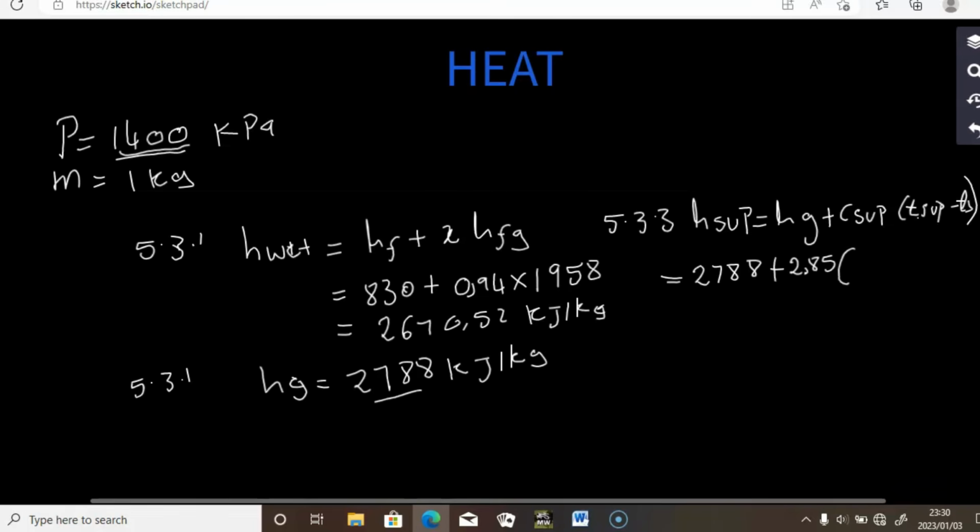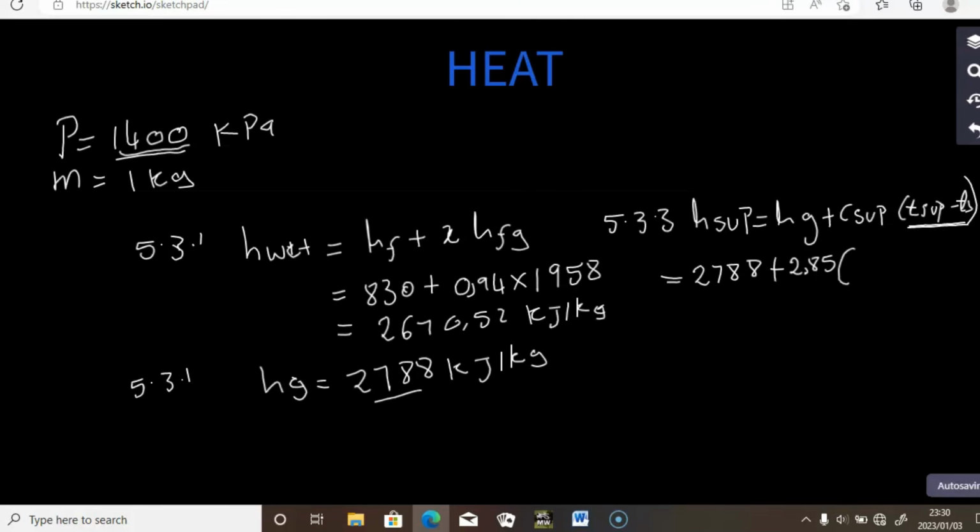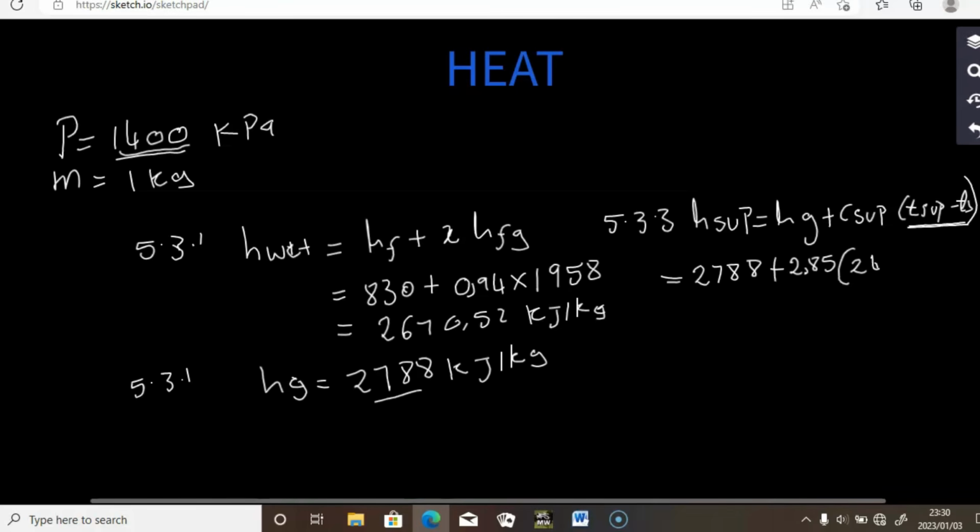So we do not need to know the superheated temperature and the saturation temperature, because these give us the change in temperature, which is exactly what they are giving us when they say increased by 240 degrees Celsius. Therefore, we take the 240 degrees Celsius and put it in here.